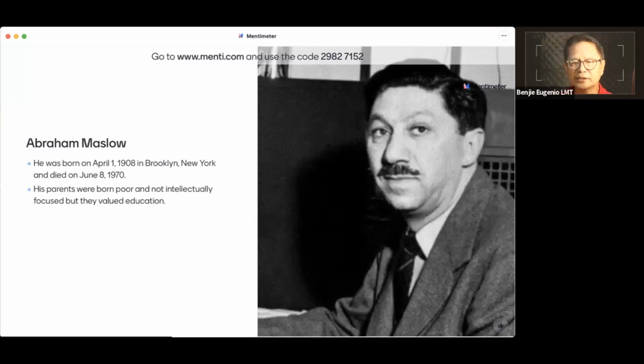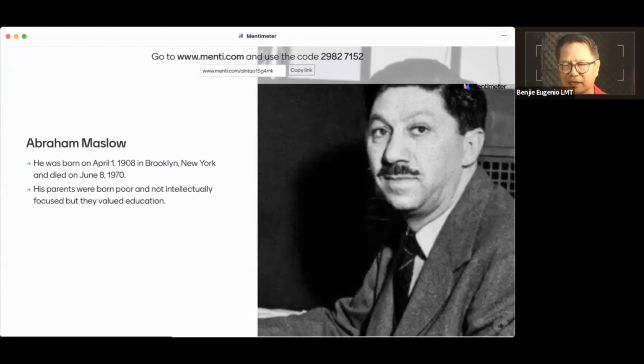And his parents were born poor, no? Taman sila ka pigado nga pamilya. And also, if you look at the history sa iyang mga ginikanan, they are not intellectually focused, no? Meaning to say, hindi gid sila masiling naton nga taman ka intelihente.